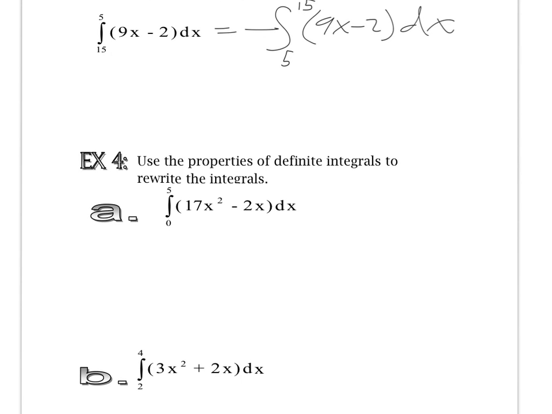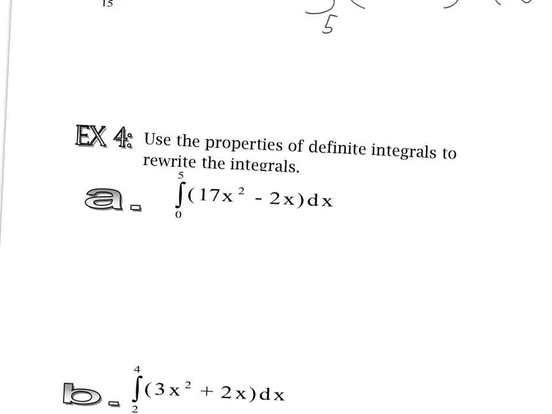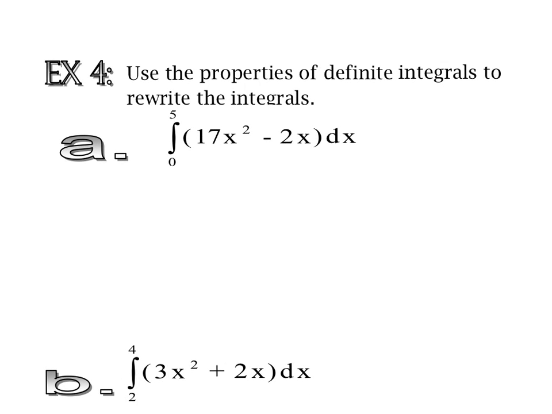All right, example 4. Use the properties of definite integrals to rewrite the integrals. Okay, all we're going to do is rewrite it. So the first thing I see is that these are two separate things subtracted by a minus sign, and so we can separate these out. And if I am just separating out this front part, this 17 is just a coefficient, so technically I can write it like this: 17 times the integral from 0 to 5 of x squared dx.